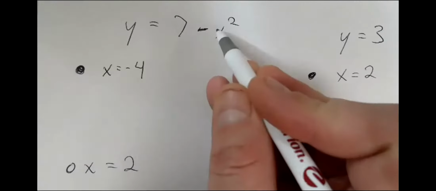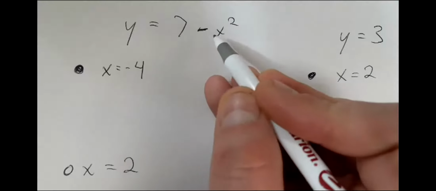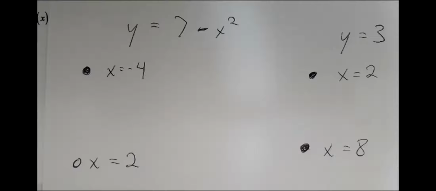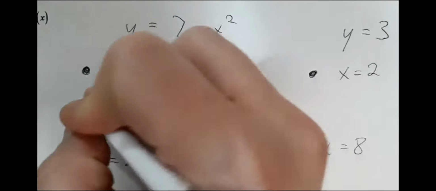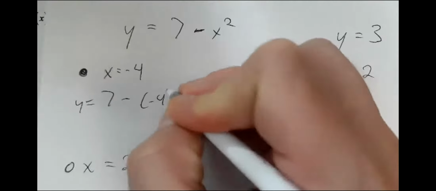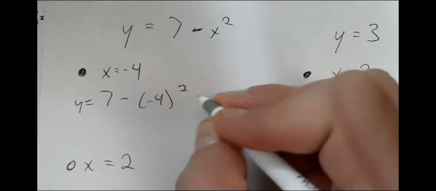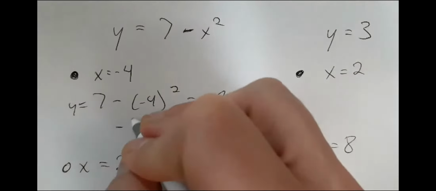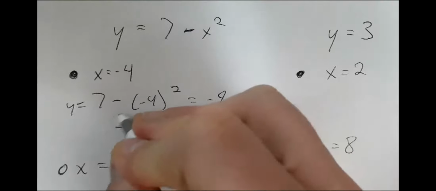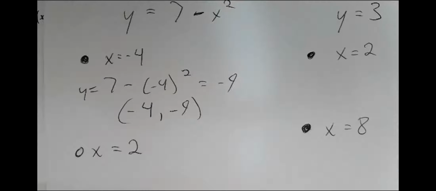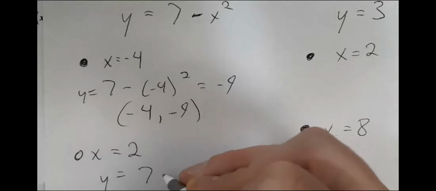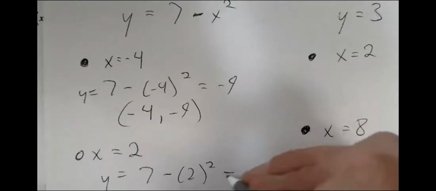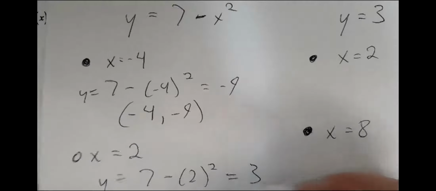If I fill in minus 4 into this, this looks like 7 minus 16. That gives me a negative 9. So the point here is minus 4, minus 9. And I'm doing the same thing with the 2. That's 7 minus 4, which will give me 3.